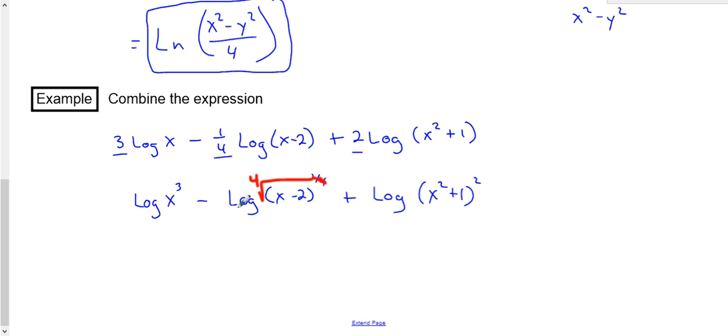And now I'm subtracting here, which means I will have log of x to the third over the fourth root of x minus 2. Now we're adding log of x squared plus 1 squared, which means we're going to multiply that.